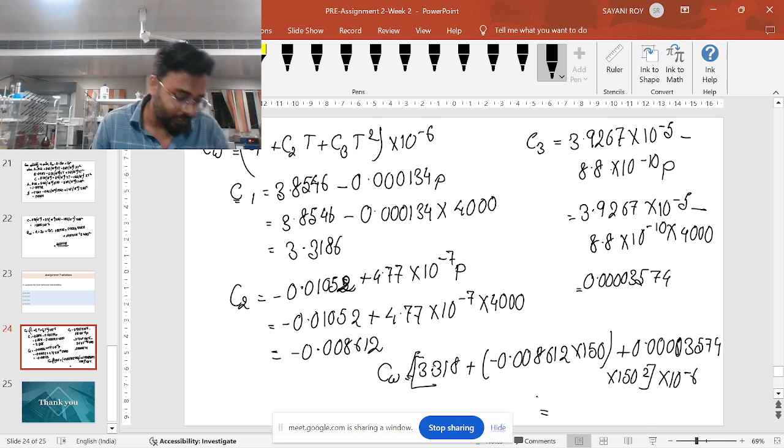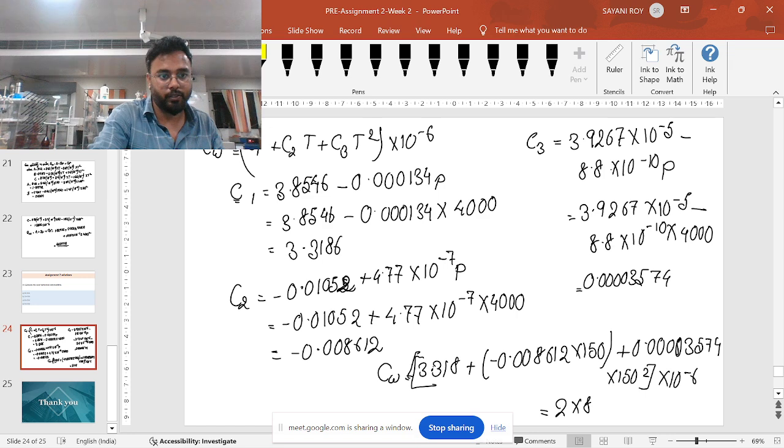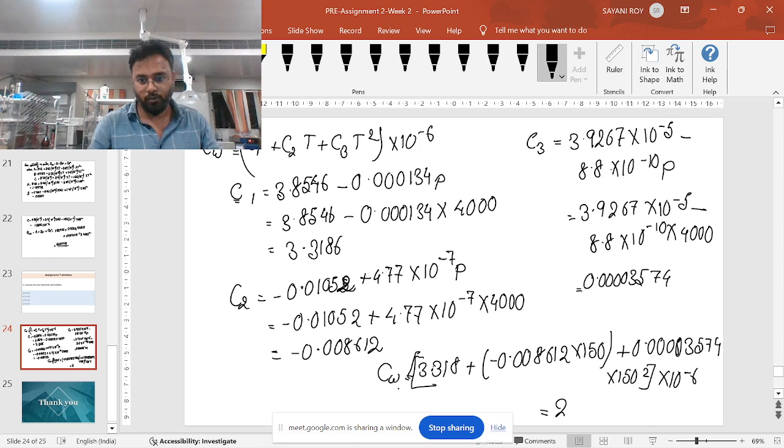So the final answer should come out as 2.83 into 10 to the power minus 6.